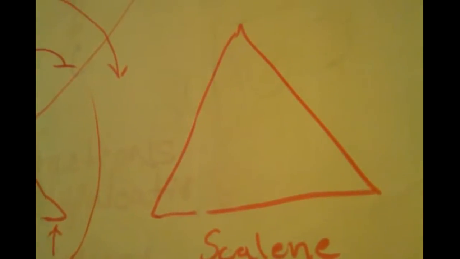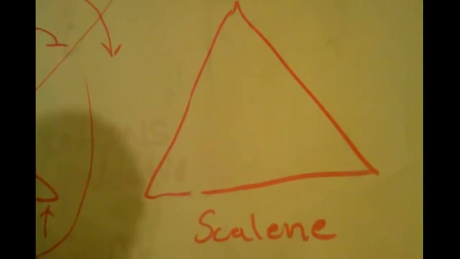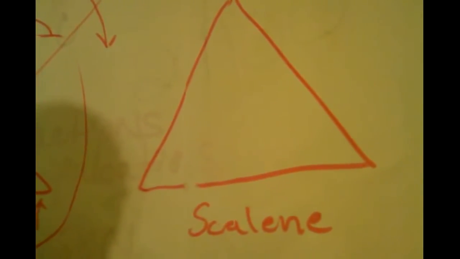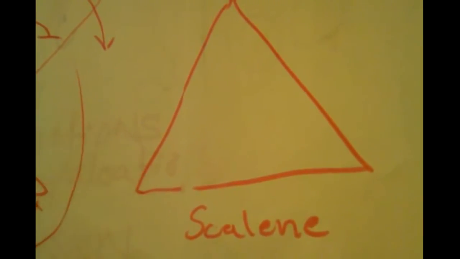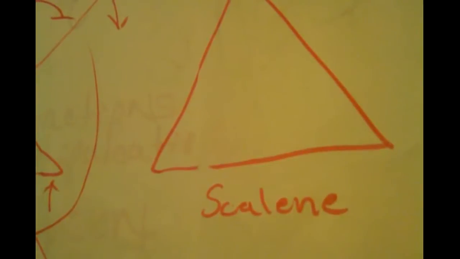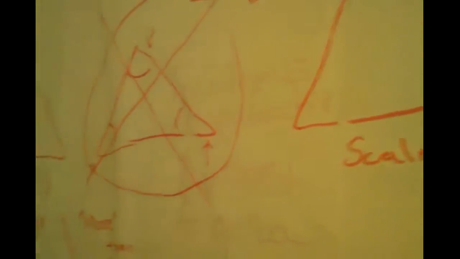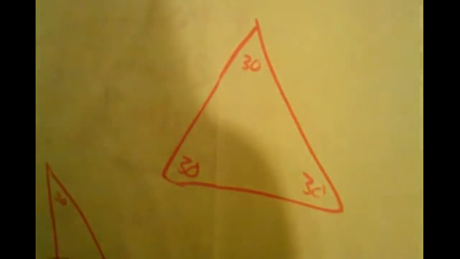Now, I need a new volunteer. Who would like to be my new volunteer? Yes, what is your name? Brianna. Come here, Brianna. I need you to name out of these three what this might be.